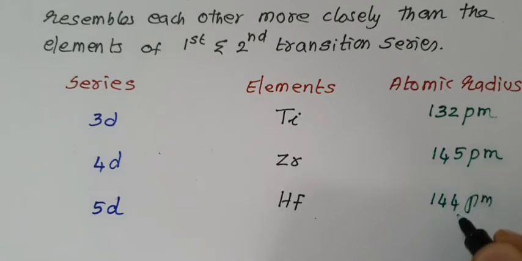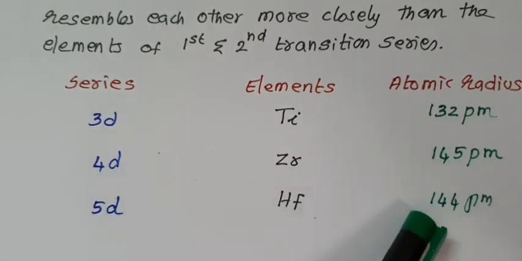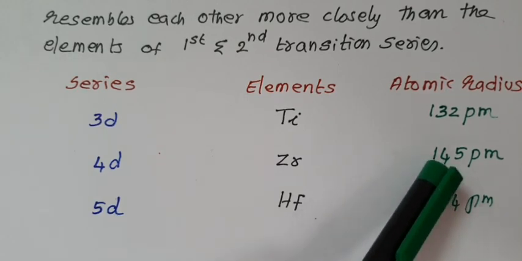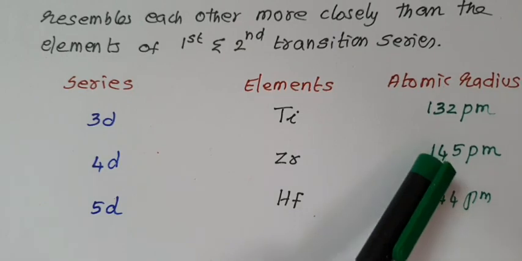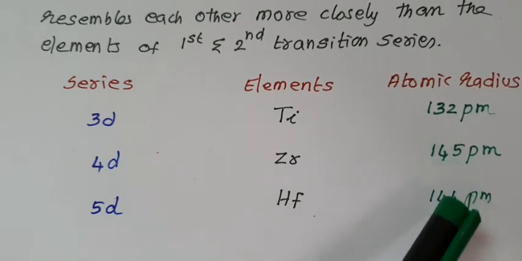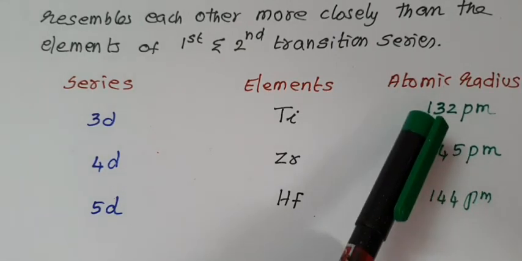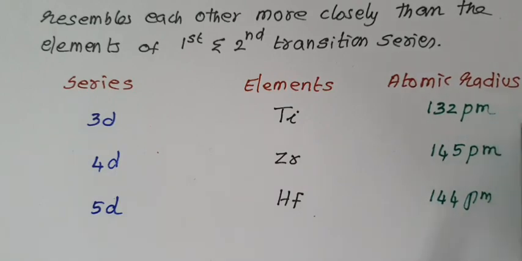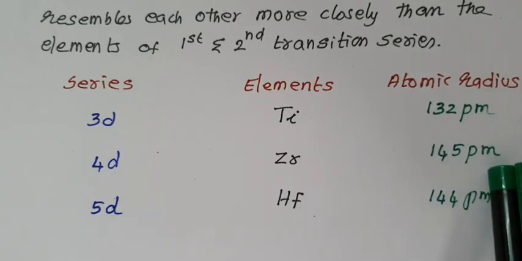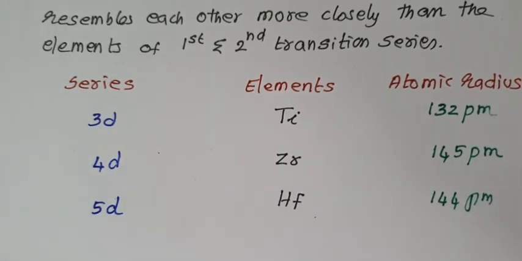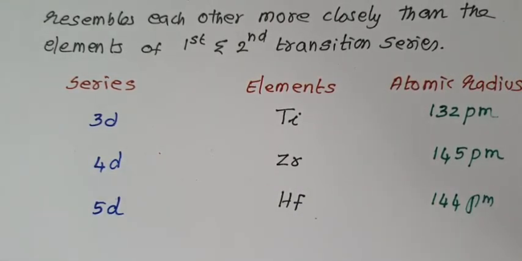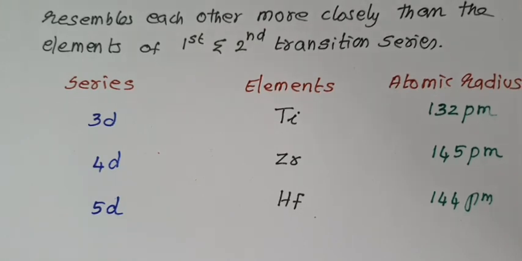See the second and third values, more or less these two are the same. The elements of second and third transition series resemble each other more closely than the elements of first and second transition series. This is only due to lanthanide contraction. This is the consequence of lanthanide contraction.